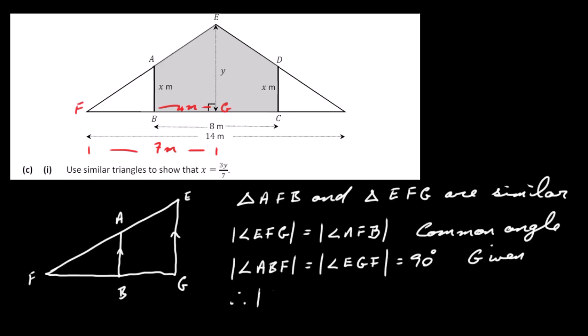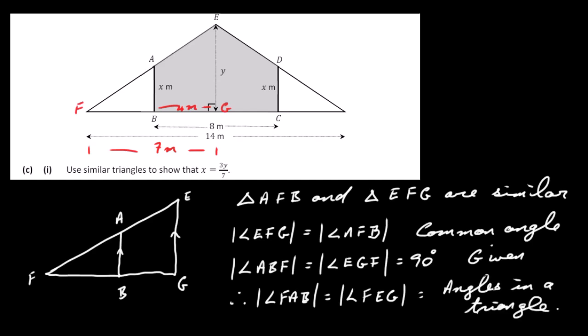Therefore, angle FAB is going to be equal to angle FEG. Well, two reasons: they're corresponding angles anyway, and also we've already shown that two angles in the triangles are equal, so the third one must be equal. So two reasons why these two angles are equal. So I'm just going to say angles in a triangle.